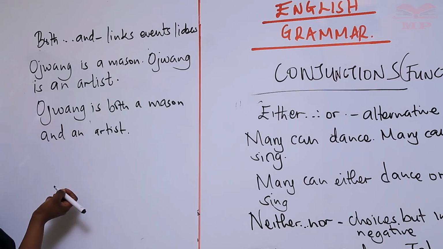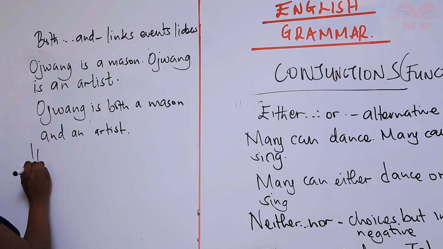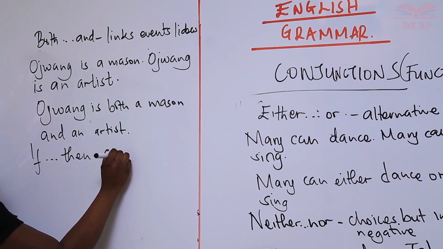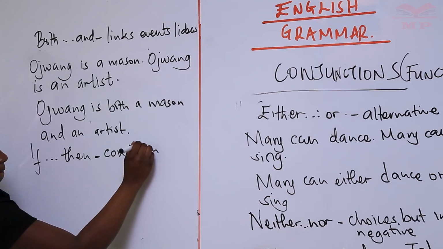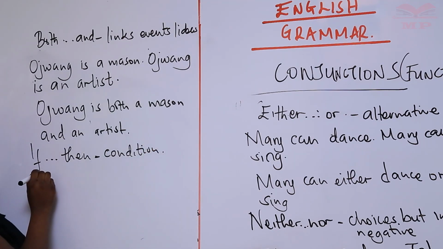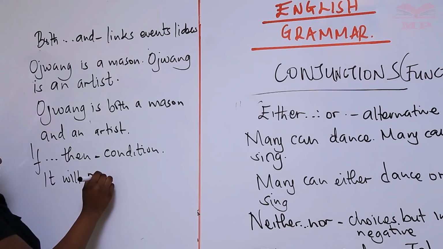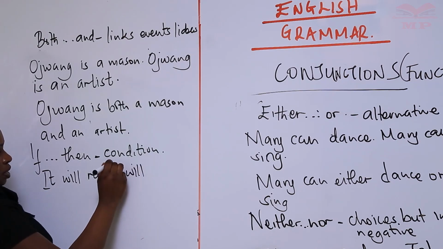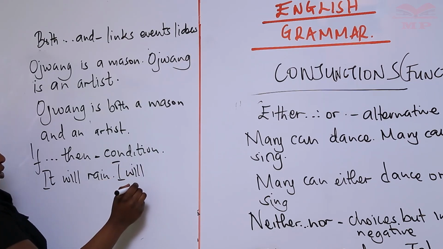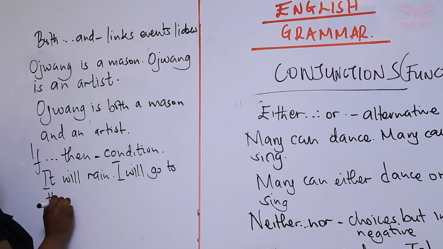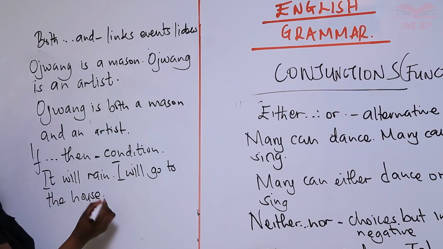Now let's go to the next one. We can have if, then. It shows condition. Okay. It will rain. I will go to the house.